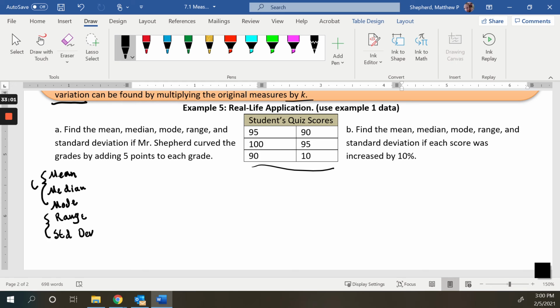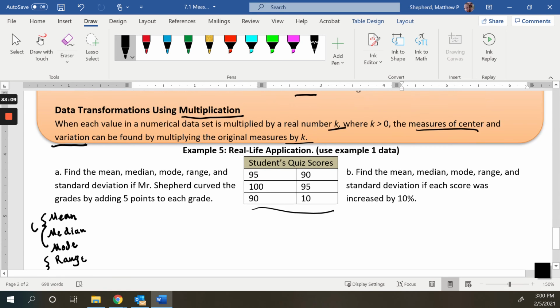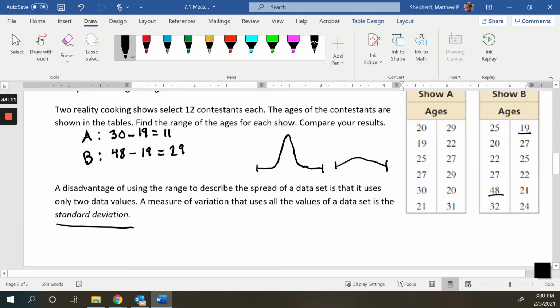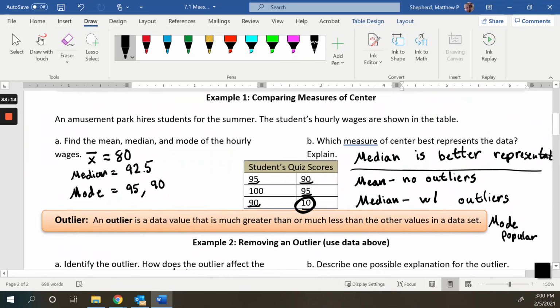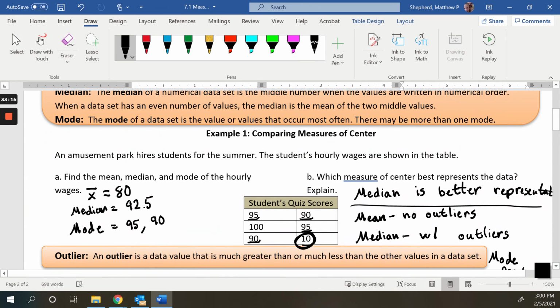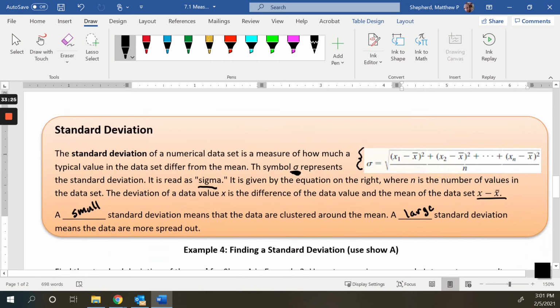Okay, so for a lot of these, it's going to be pretty easy. Remember, we're adding 5 points to all these measures of center because we're just adding, it will just be 5 more. So we would just add 5 to all of our original numbers. So 80 plus 5, 92.5 plus 5, 95 plus 5, 90 plus 5 to get all of our new values.